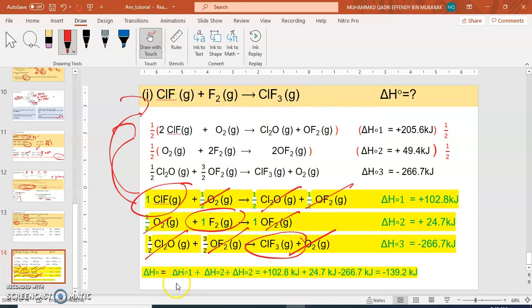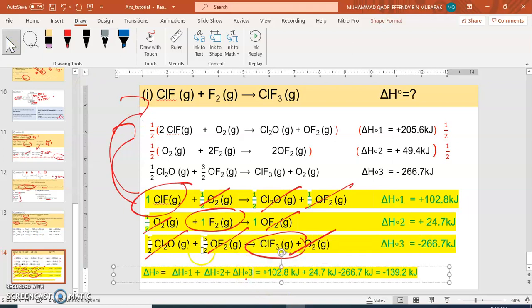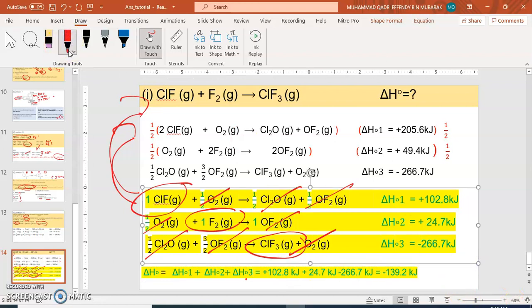Delta H equals delta H1 plus delta H2 plus delta H3. For delta H1, the value is 102.8 kilojoule. Delta H2 is 24.7, and delta H3 is negative 266.7 kilojoule. We add all together, and we get negative 139.2 kilojoule. So this is our final answer.